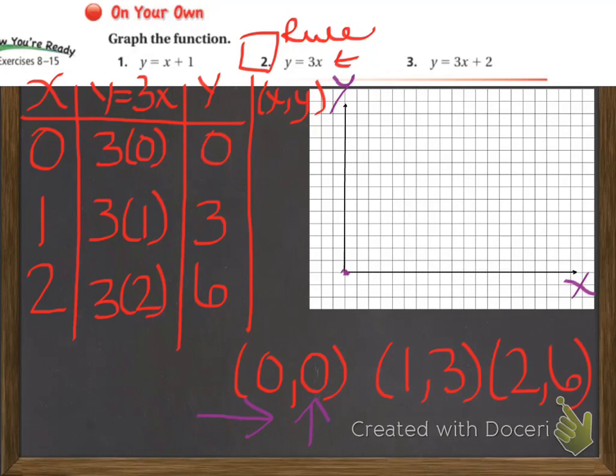Now I'm going to walk over 1, and I'm going to go up to 1, 2, 3. Notice that's 1, that's 2, and that's 3. Alright, so there's my next point, 1, 3.